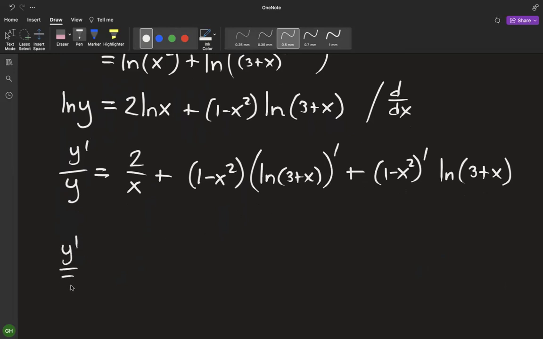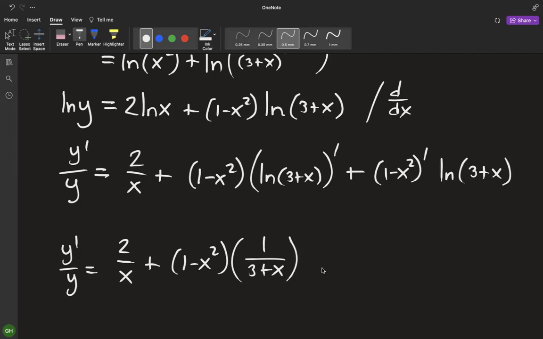So y prime over y equals 2 over x plus (1 minus x squared) times (3 plus x) on the bottom, and then the derivative of this is just 1, minus 2x, because the derivative here is negative 2x, times ln of (3 plus x).